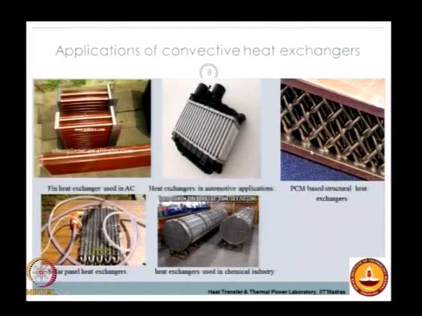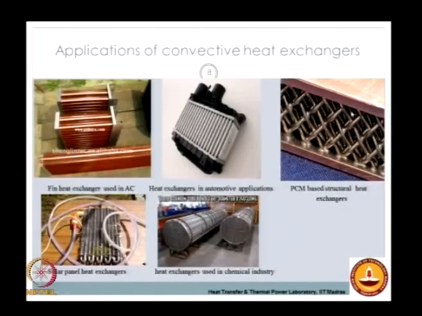a cyclic process. In one half of the cycle you pass the hot fluid through a porous membrane which could actually melt upon heating, whereby it takes the latent heat of melting from the hot fluid and stores it as a capacitor, and in the next half of the cycle the cold fluid flows through this medium, and this releases the heat back to the cold fluid, where the cold fluid gets heated, and in the process of losing the heat the phase change again happens from the liquid to the solid phase, so it solidifies.